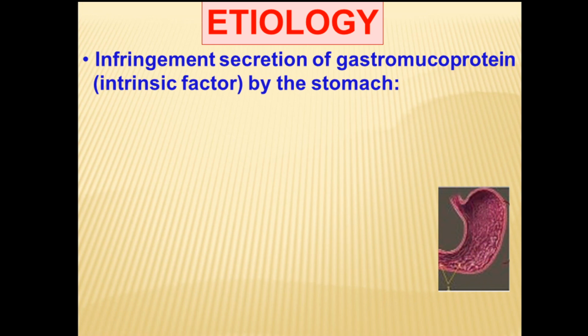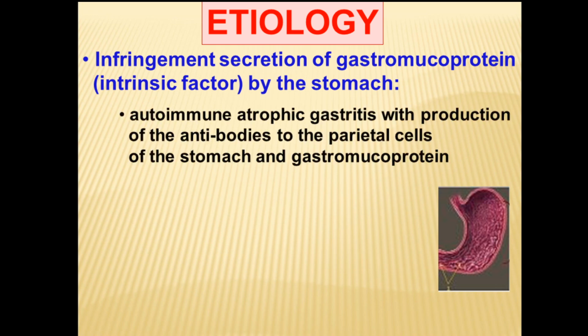Etiological factors of the formation of B12 deficiency anemia. First of all, there are problems with the stomach, because you saw that assimilation of vitamin B12 is possible only due to normal activity of the stomach. In other words, there is a whole group of patients with atrophic gastritis.